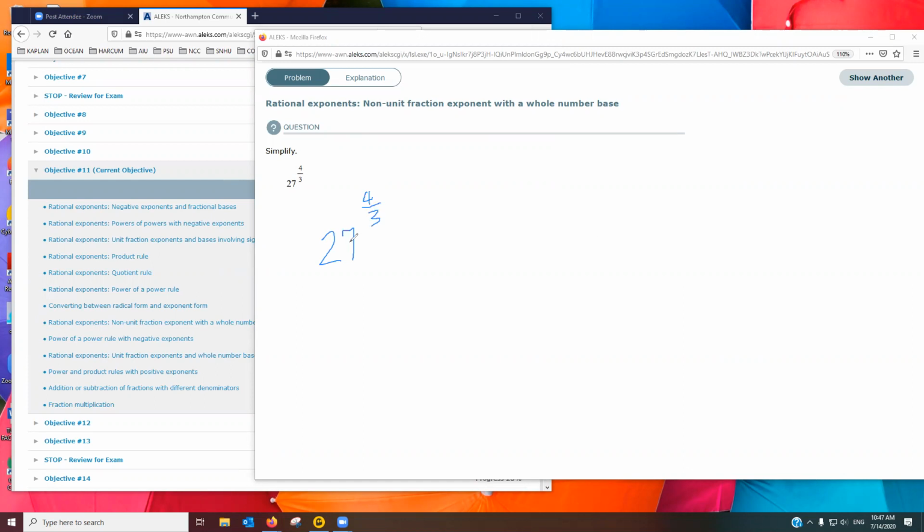Well, remember a few minutes ago we said if you have x to the 1/3, that's the same as the cube root of x. So imagine we had 27 to the 1/3, for example. Well, that would be the cube root of 27. But the cube root of 27 is asking you what number times itself 3 times equals 27?